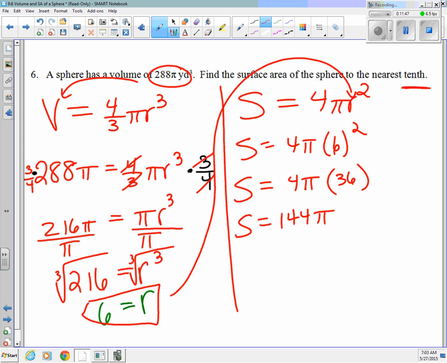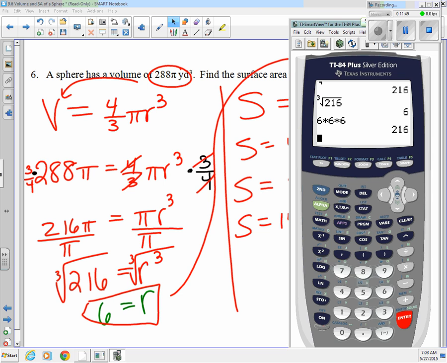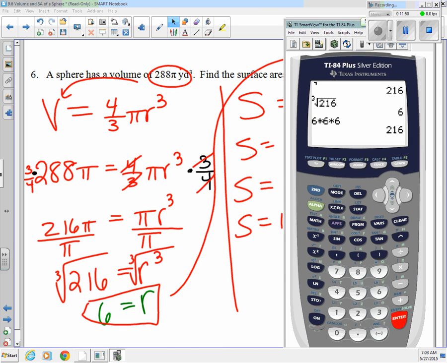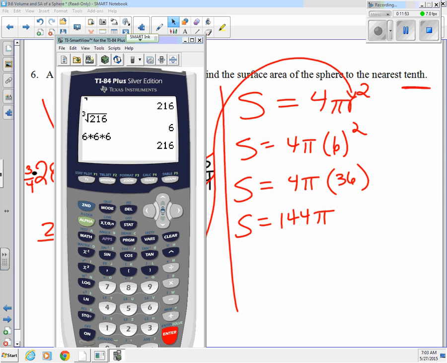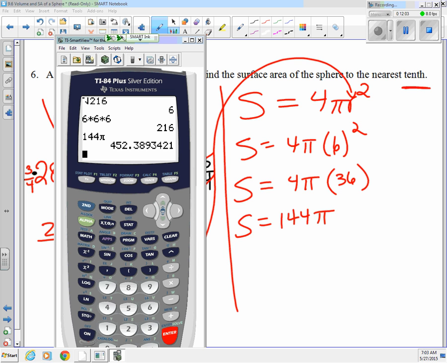They asked me for the nearest tenth, so I can plug 144 pi into the calculator, and I will get 452.3893421. Rounding that to the nearest tenth, I would get 452.4.